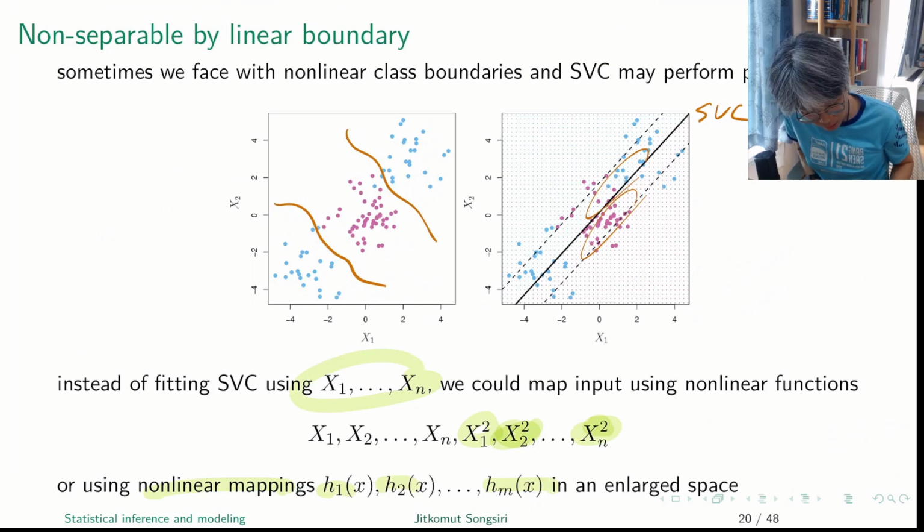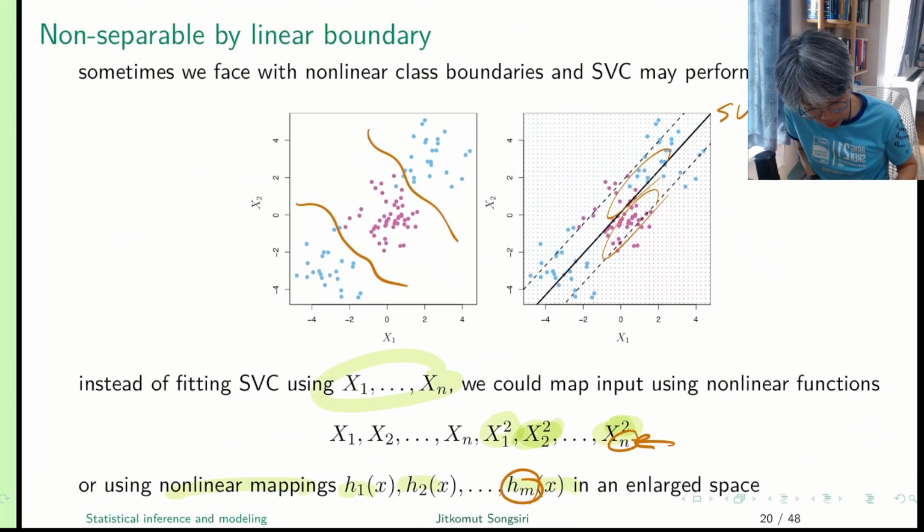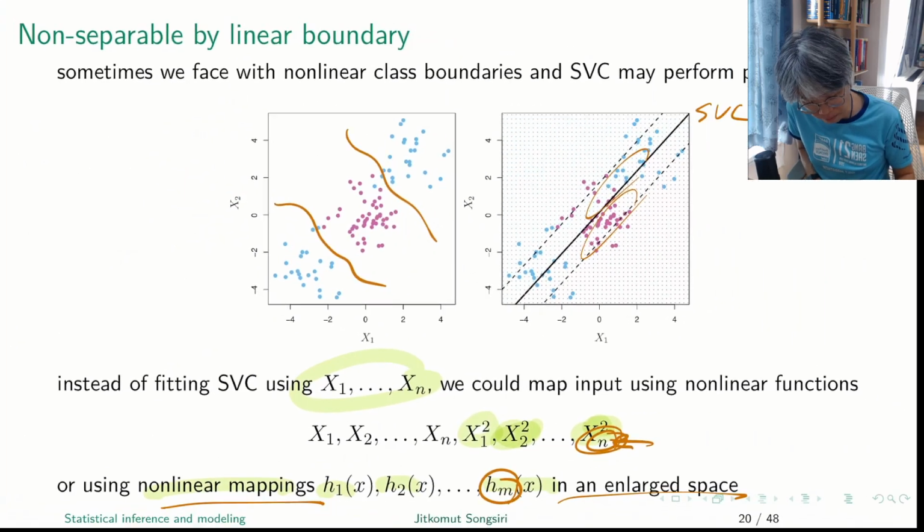So your x in the original space has n dimension, but when you use the nonlinear mapping hm, this m can be chosen, and this m can be larger than the original dimension. So basically you can use nonlinear mapping to an enlarged space.